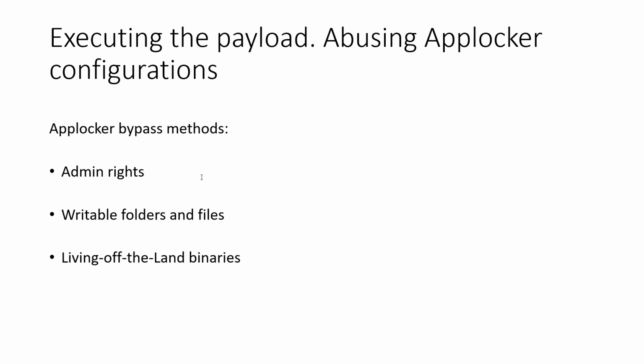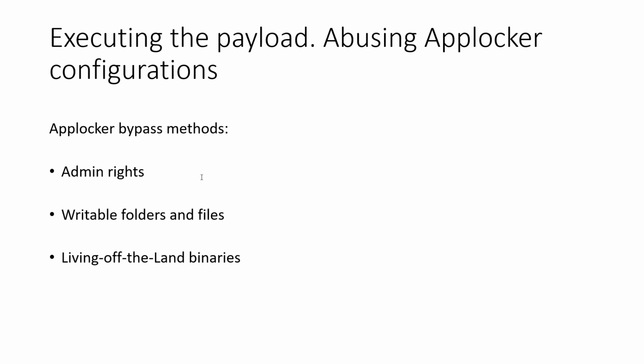Now we need to execute the payload. For this purpose, we just need to deliver it. We download the payload, and we need to execute that. But the workstation is protected by AppLocker. I cannot just simply run that. We need to find out how to execute my payload even though the workstation is protected by AppLocker.